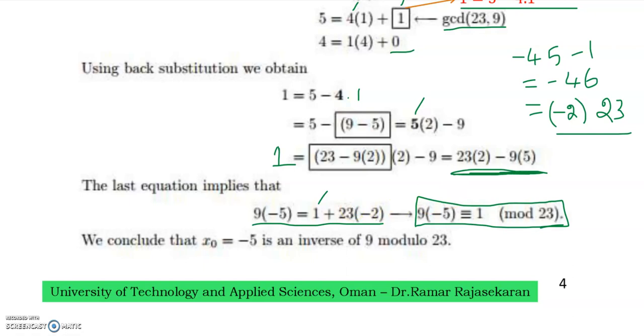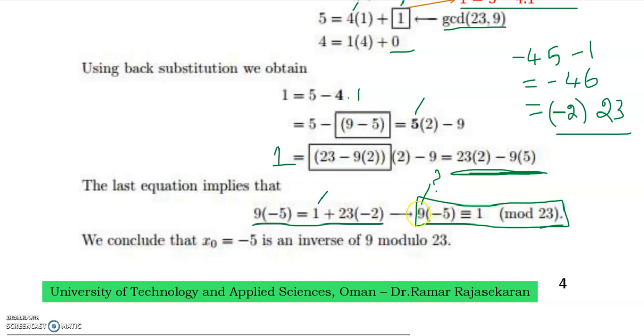Now, if I get the GCD as 1, and I write this congruence equation, then I can say that the inverse of 9 is nothing but what is here.